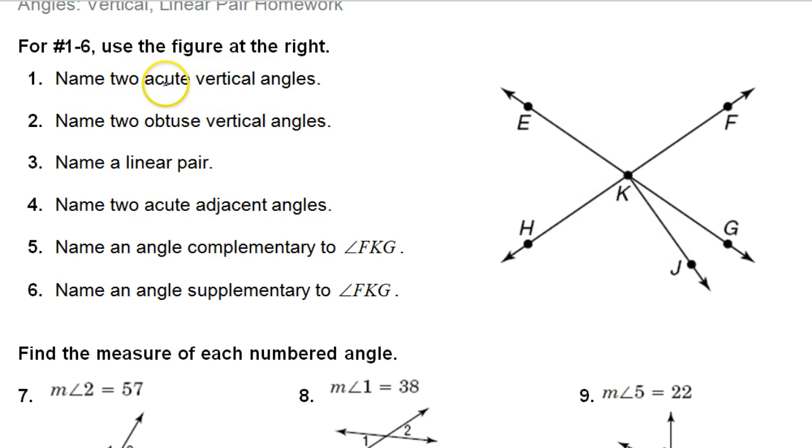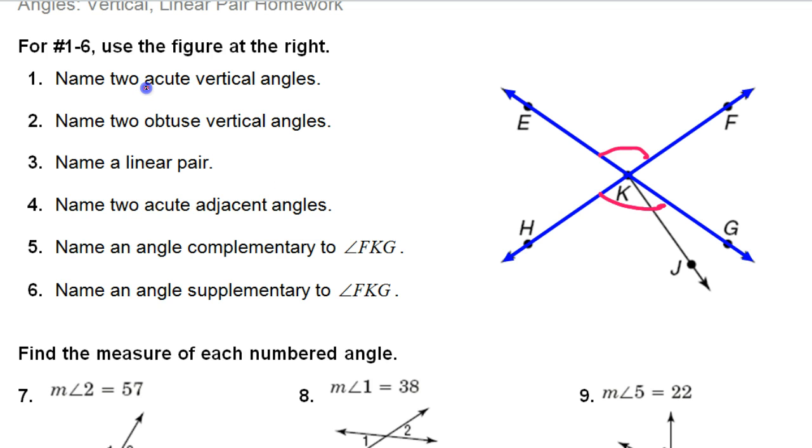Alright, name two acute vertical angles. Vertical angles are when the lines cross, and let me trace some things out. So I find myself looking at these two lines for my vertical angles. These are vertical angles, for example, and these are also vertical angles.